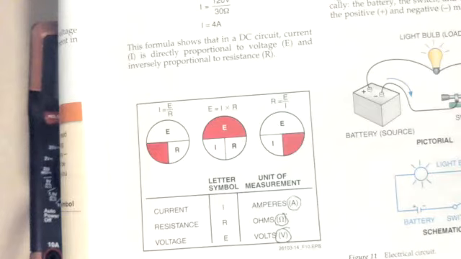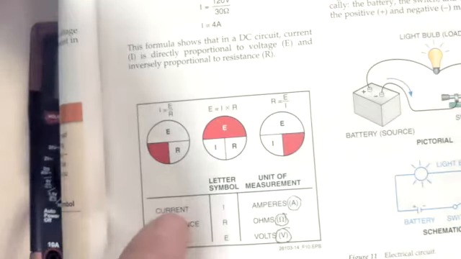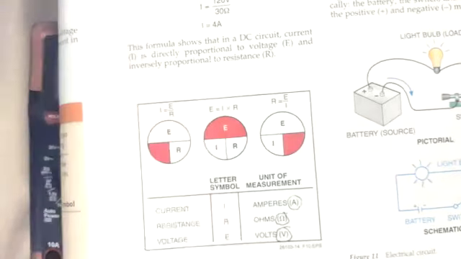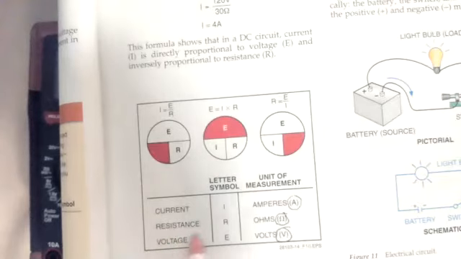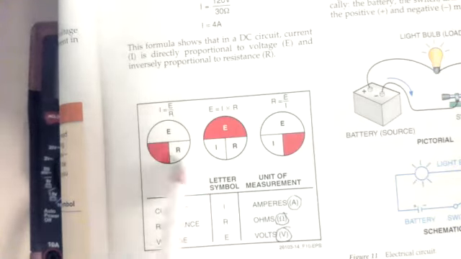Okay, so you see they have current flow, and right here they're showing it as an I, okay? And they have resistance, they're showing it as an R, and voltage as an E. But if you go clear across here, this is what they use if you're an electrical engineer or something.